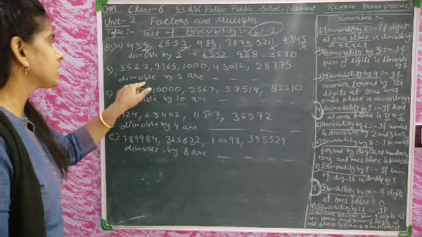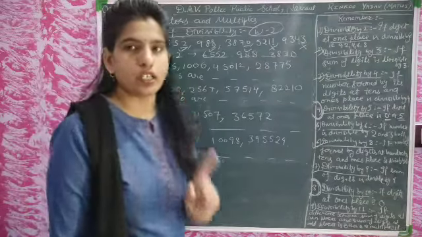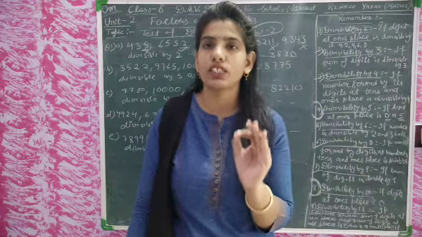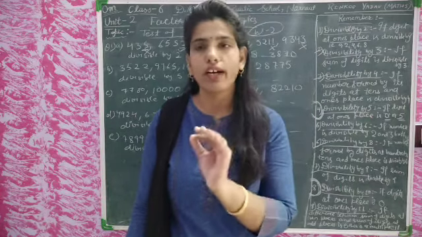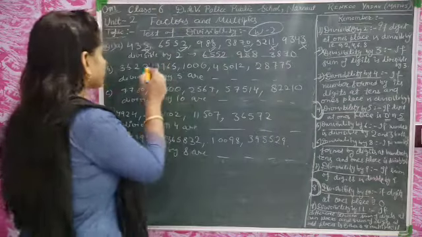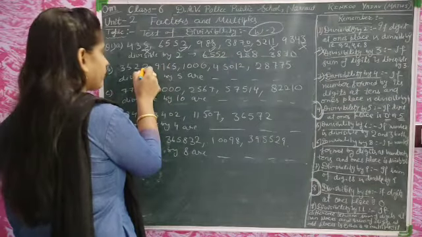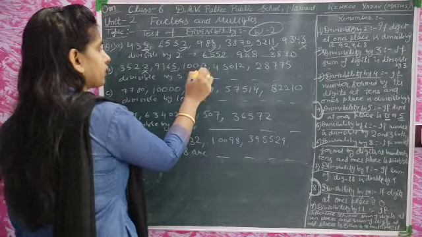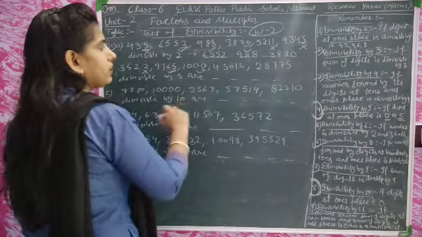Now the next part is divisible by 5. The rule for divisibility by 5 is that the ones place digit is 0 or 5. This is 5 and this is 0, so both are divisible by 5.